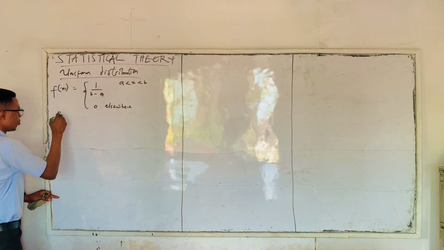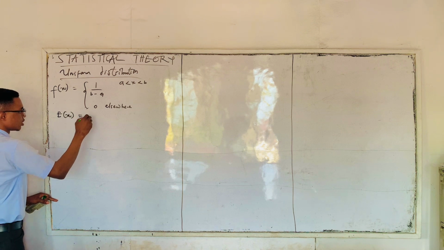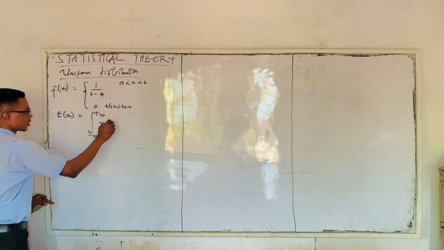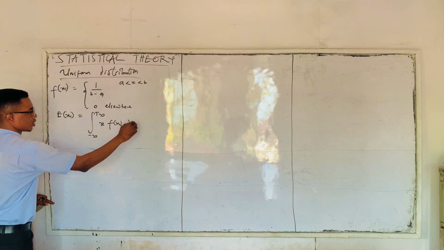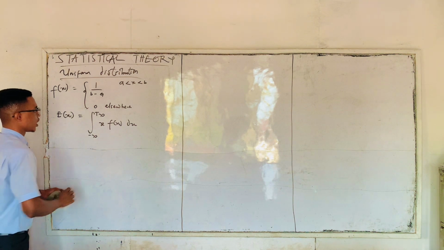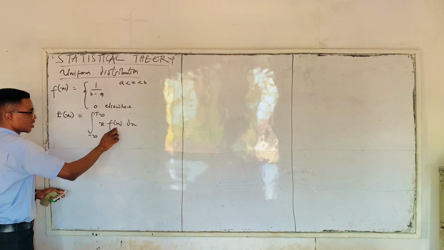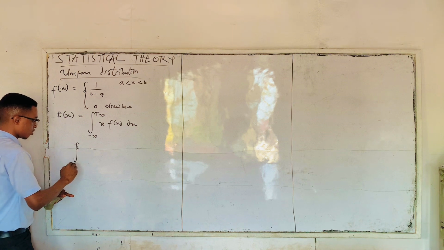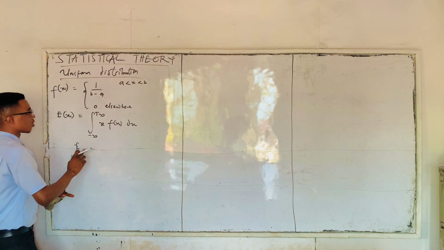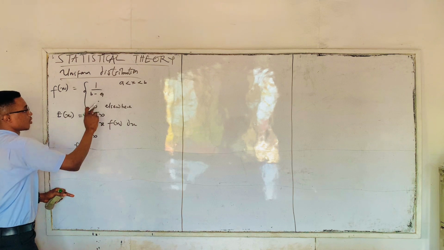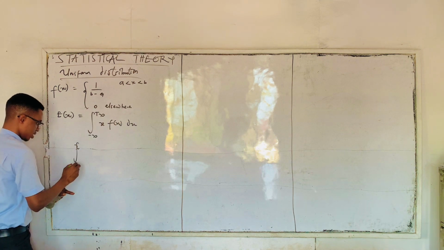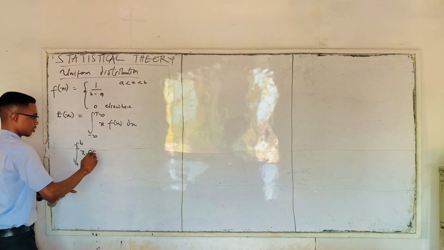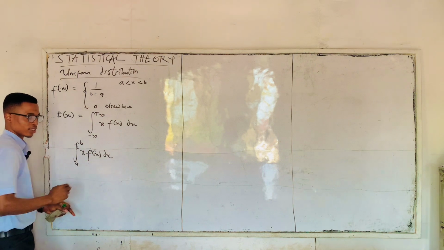Of course, we know that the mean E of x is equal to the integral from minus infinity to plus infinity of x f of x dx, where 1 over b minus a is the f of x. So we have the integral from a to b, because a is the minimum and b is the maximum, of x f of x dx.